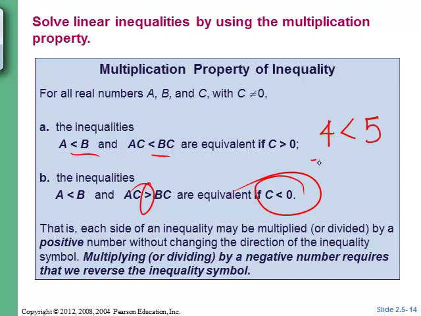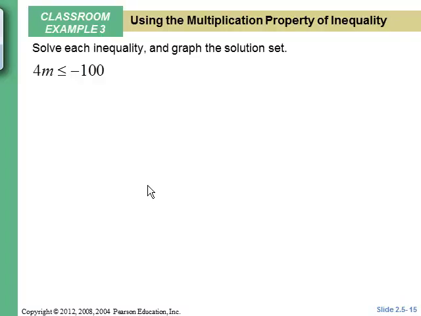If we multiply both of them by -1, we have -4 and -5. Notice -4 is greater than -5. So whenever you multiply by a negative number, you have to switch the sign. In this case, we're multiplying by a positive number, so we don't have to switch the sign.